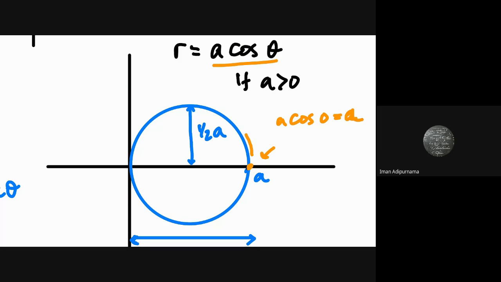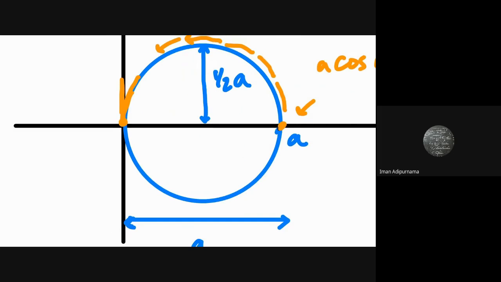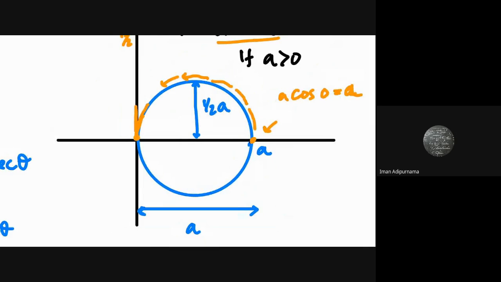Going up, as we increase the angle, and eventually when we have pi over 2 here, we are going to have 0, and it's going to have the point here. As we increase, you need to be careful, as this is not the x and y axis.